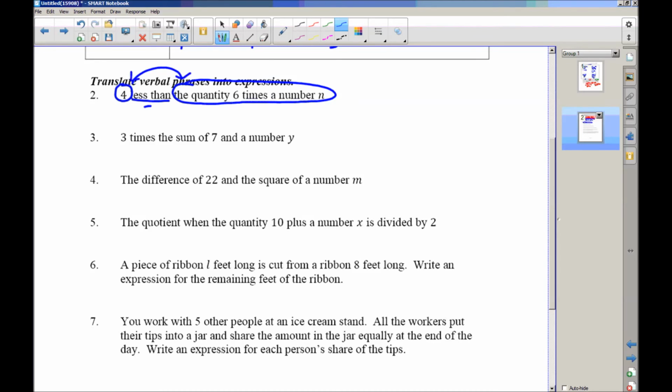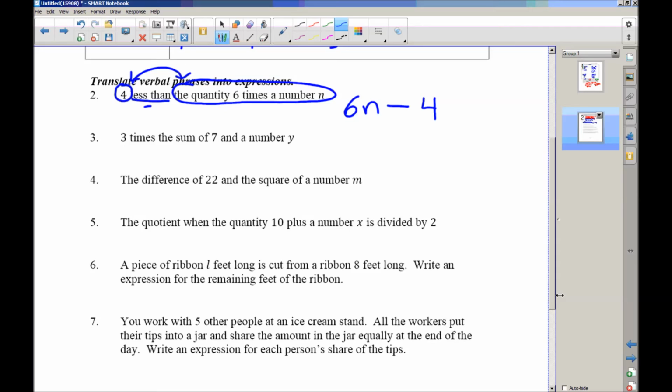So the quantity of 6 times a number goes like this: 6 times n. And then the 4 is going to go on the right side. So this will turn into 6n minus 4. When you're taking the quiz, I'm going to have things like 4 minus 6n on there, or n over 6 minus 4, or 4 times 6 minus n. So you'll see all kinds of things. You need to make sure that you know how to translate it correctly.